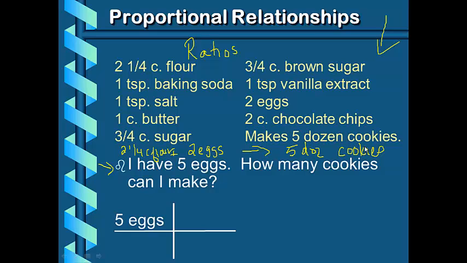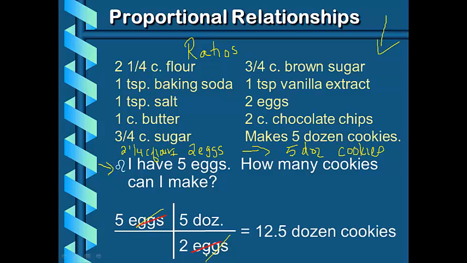So I can look at this like a ratio, and use it as a conversion factor, which I know is not everyone's favorite, but that's what we're going back to. So for every 2 eggs, I make 5 dozen cookies. I put the eggs on the bottom, because that's the unit I want to cancel out, and I put the 5 dozen on top, and then I do the math. I take 5 times 5, and I divide it by 2. Cross those off, so I end up with 12.5 dozen cookies.